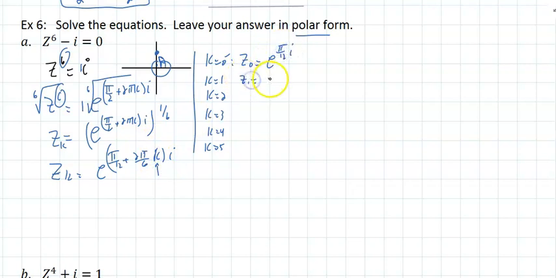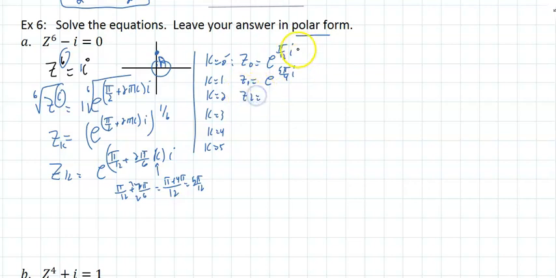Z sub 1, e to the, if you take pi over 12 and add 2 pi over 6 to it, all over 12, that is pi plus 4, which is 5 pi over 12. Remember, we did this when we labeled our axis on the graphing of sine and cosine.